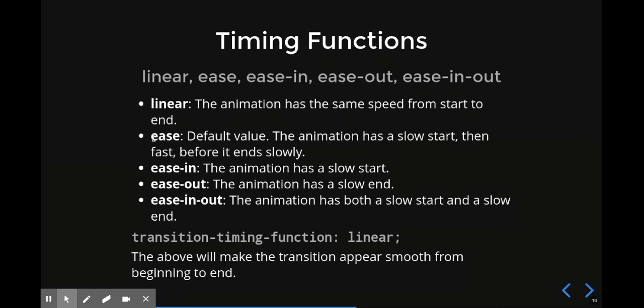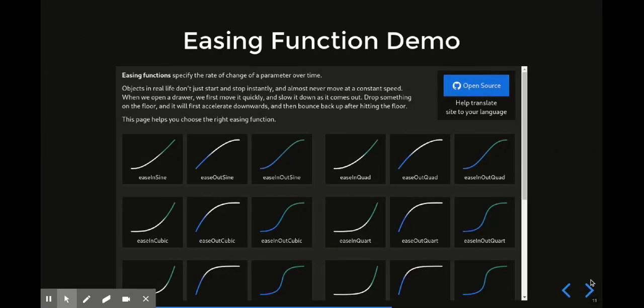If you leave out a timing function, it's going to use ease, which is a little bit different. It's meant to sort of smooth the transition for the eye of the viewer so that it doesn't seem quite so abrupt at the beginning and the end. And we'll look at some examples of these right here.